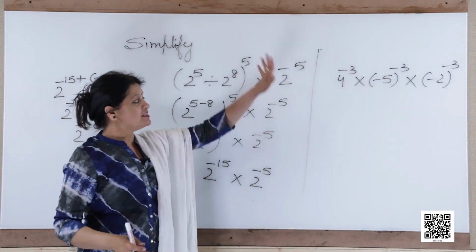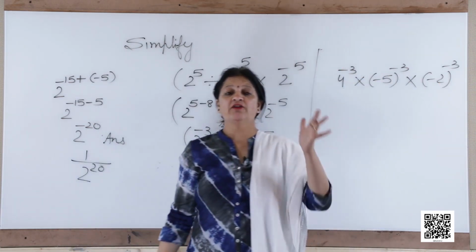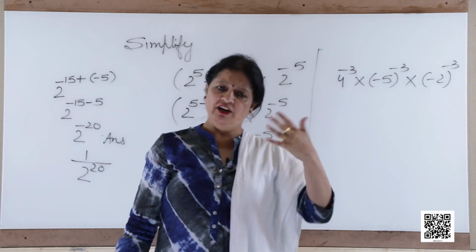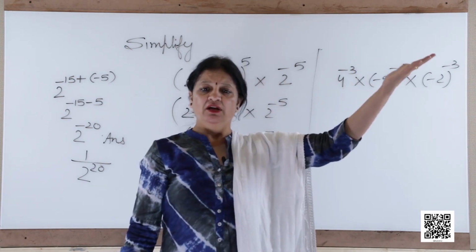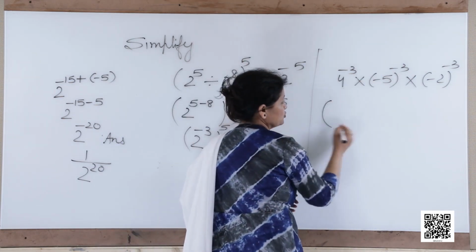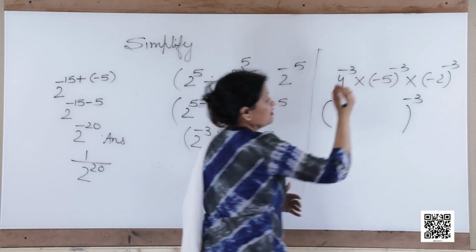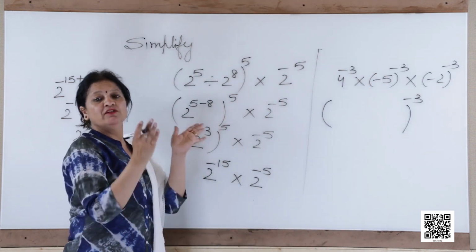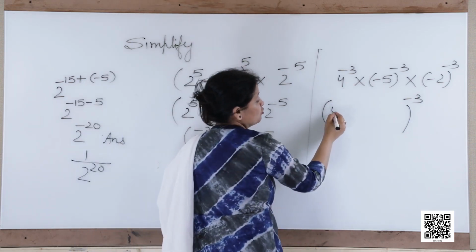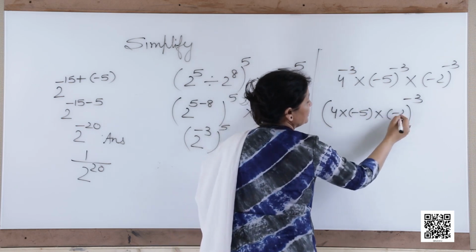Now, you can see that all the powers are the same. So a raised to the power m multiplied by b raised to the power n, we can take into c raised to the power anything x like that. So you can do it directly also. If the power is the same, we can write the power outside and we will multiply the bases if the multiplication sign is there. So 4 multiplied by minus 5 multiplied by minus 2.